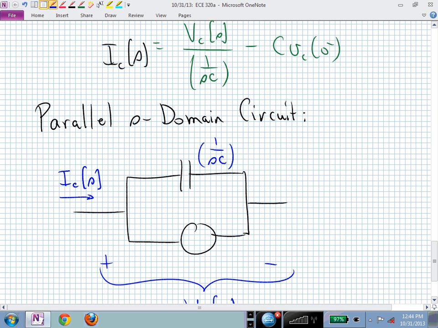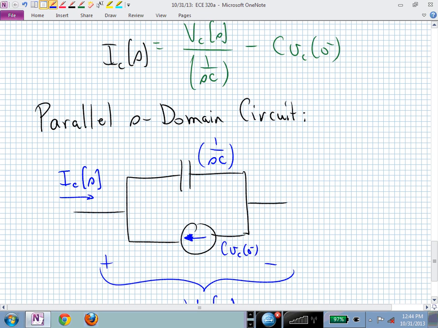But in terms of leaving, I have a minus leaving. That's the negative, which says this current source for the capacitor needs to be directed back into the node, and it has a value of C V sub c of 0 minus.